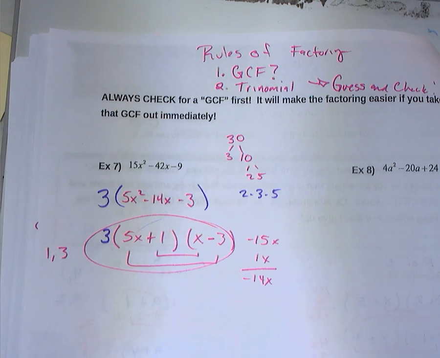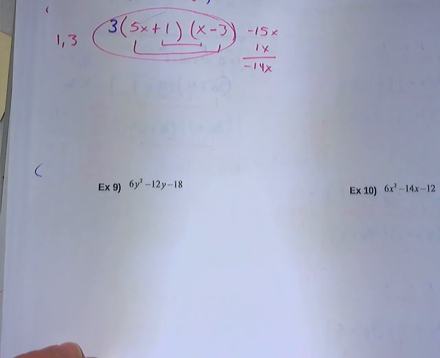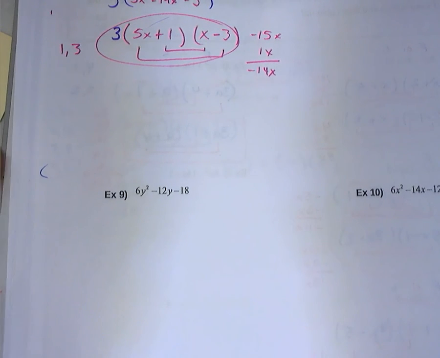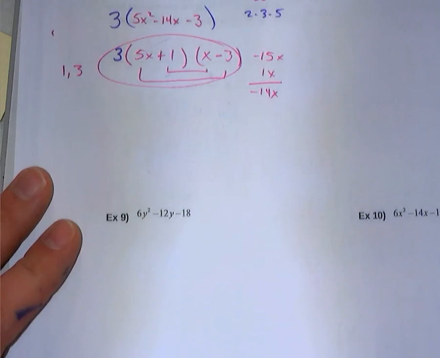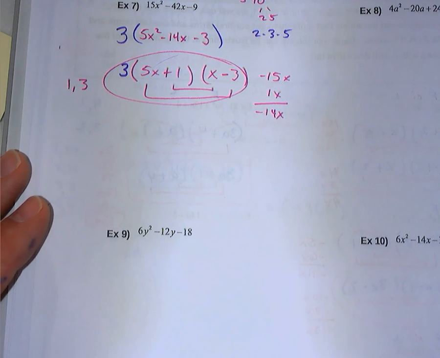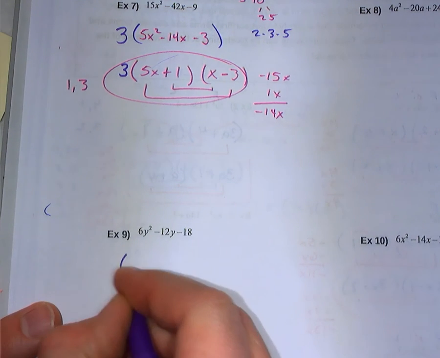So our last one for today, number 9. If I take a look, I've got 6y squared minus 12y minus 18. GCF is what? What can I take out? Kelly, what are they all divisible by? Yes, 6.